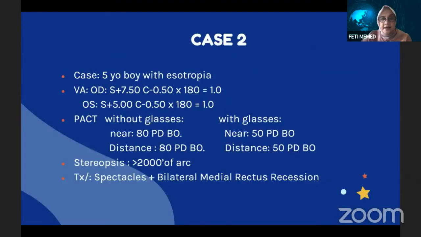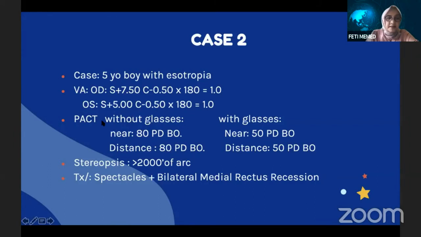And the second case is a 5-year-old boy with esotropia since 2 years ago. Visual acuity in the right eye with +7.5 is 20/20, and the left eye with +5 is 20/20.